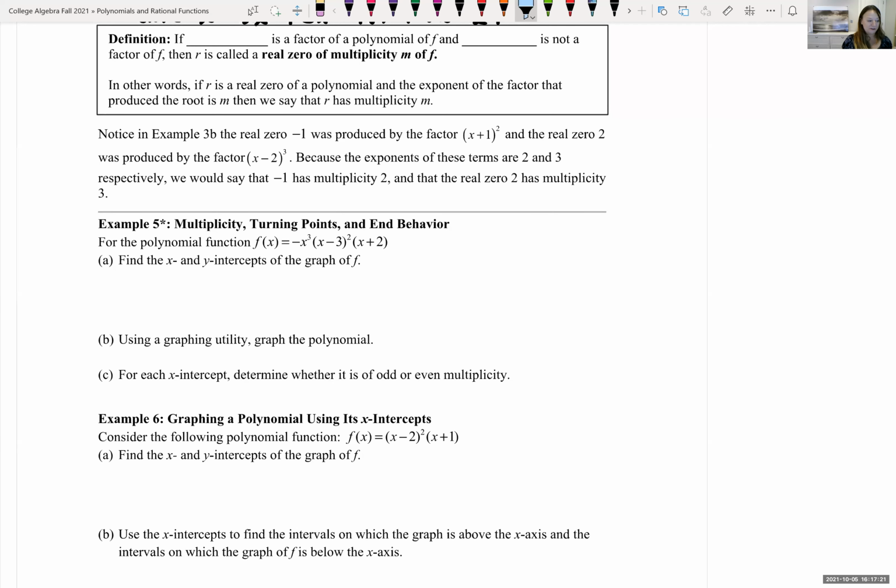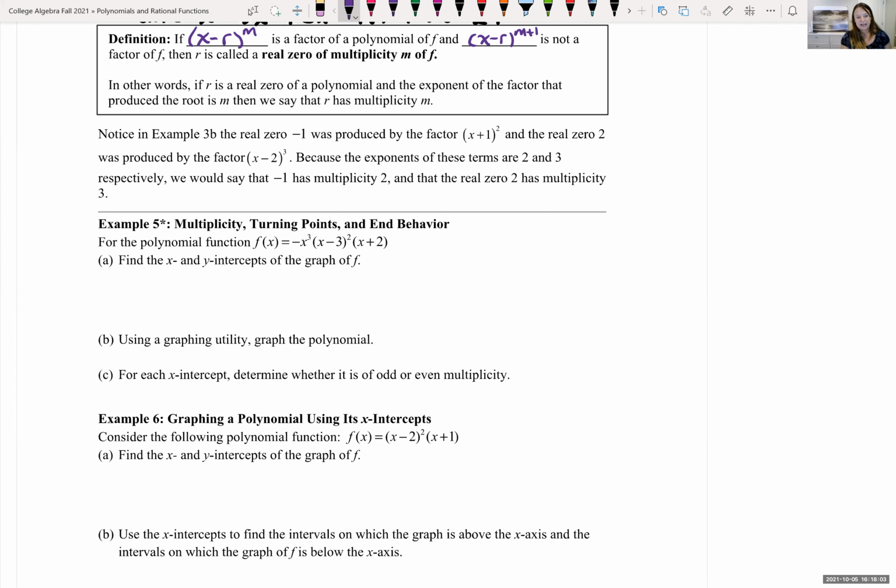Okay, so let's look at the following. This states that if x minus r raised to the m power is a factor of the polynomial f, and x minus r raised to the m plus 1 power is not a factor of f, then r is a real zero of multiplicity m of f.